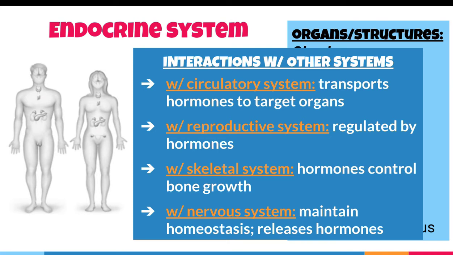The skeletal system, we have bone growth, or height, that's controlled by growth hormone in this case. And then the nervous system, its job is to maintain homeostasis. So if something needs to happen in the body elsewhere, our body will release hormones via the endocrine system, but it will happen because the nervous system tells it to.